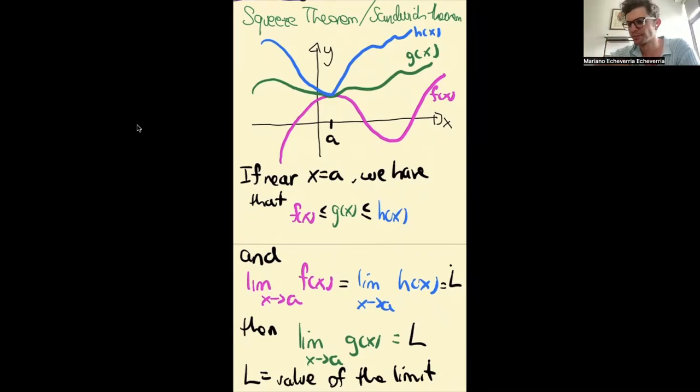Is that making sense? So I could actually draw L here in the picture. L is kind of this value that you see here, right?